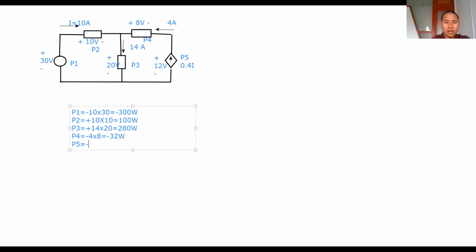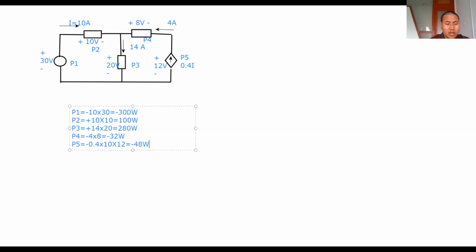So we have negative 0.4 times I, where the value of I is 10 ampere, times the voltage of that branch, which is 12, giving negative 48 watt. Now this is the power in each branch.